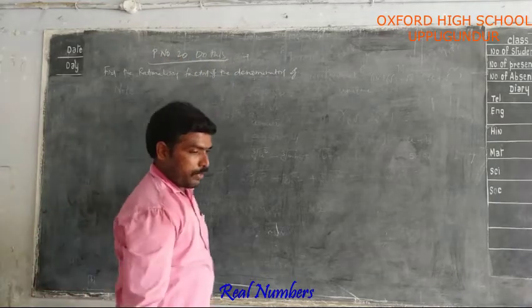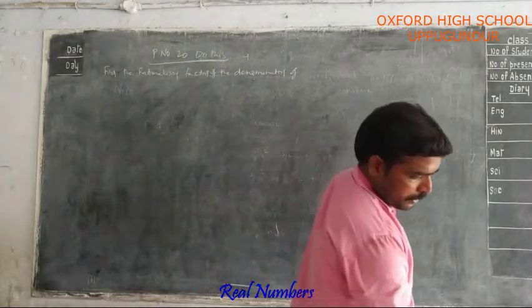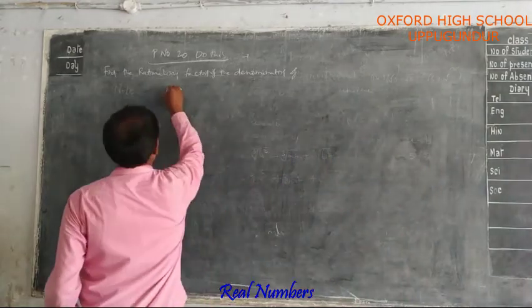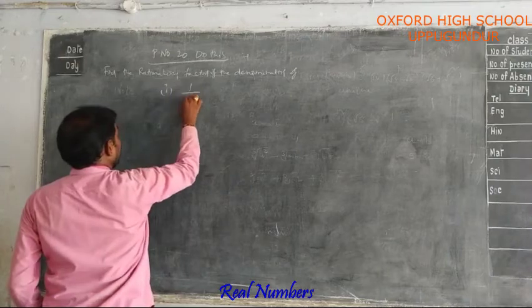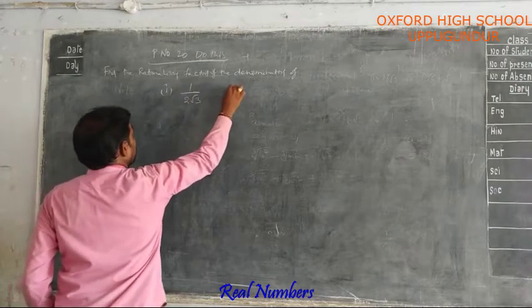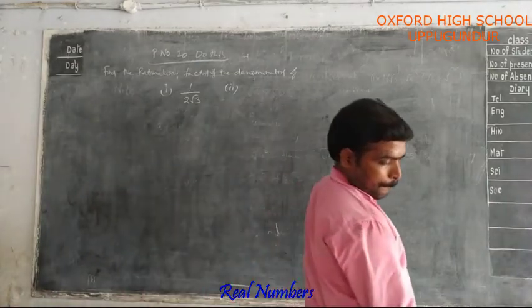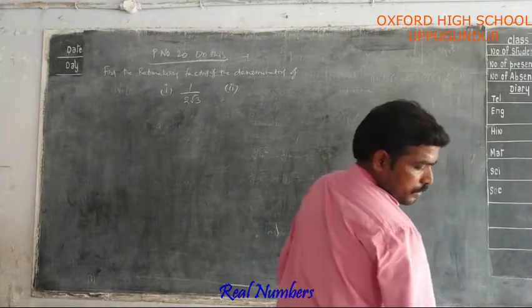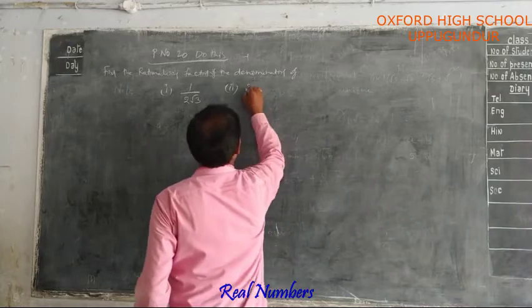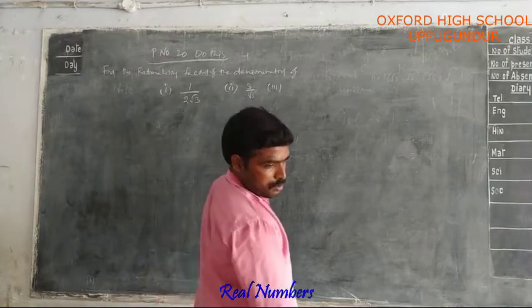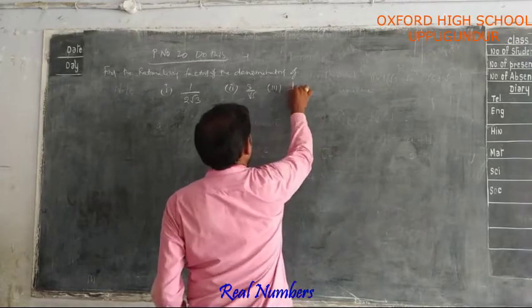Find the rationalizing factors of the denominators of 1 by 2 root 3. First one, 1 by 2 root 3. Second one, 3 by root 5. Third one, 1 by root 8.